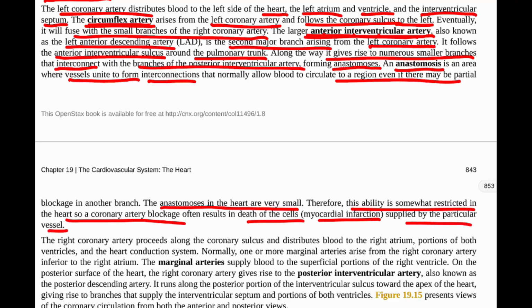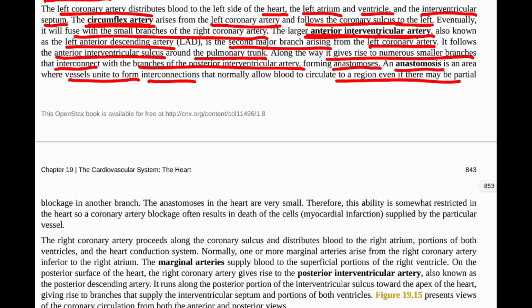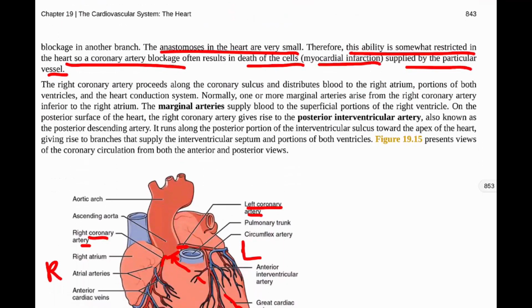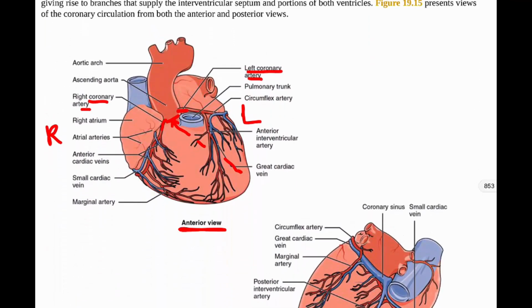So let's take a look at that again. We're going to look at the branches of our left coronary artery. Again here, our aortic semilunar valve, and we've got the left side, which is our left coronary artery. As we follow it, it branches off here. You see this branches here and then goes there. This one is going to go around, remember, circumflex artery.